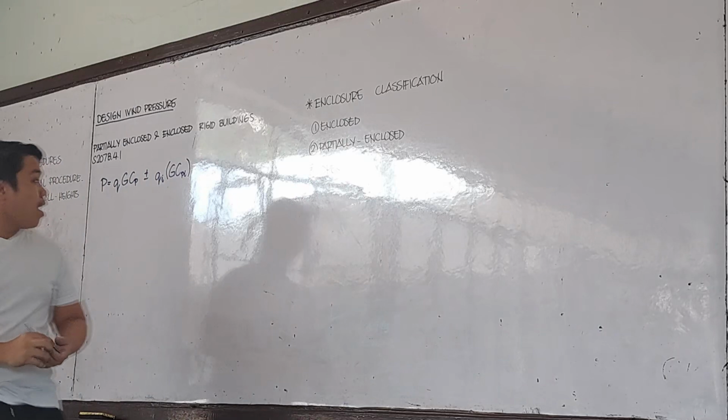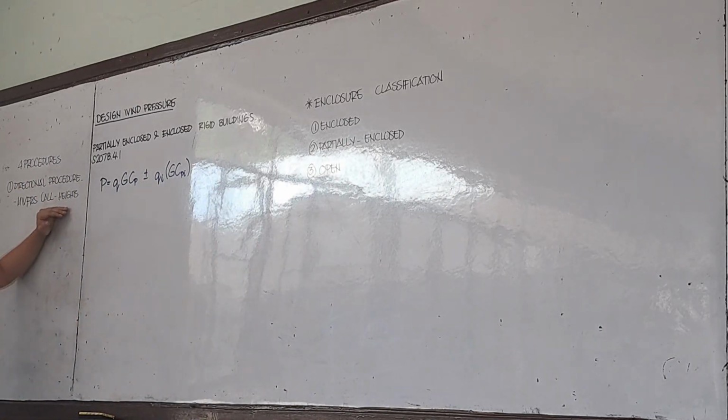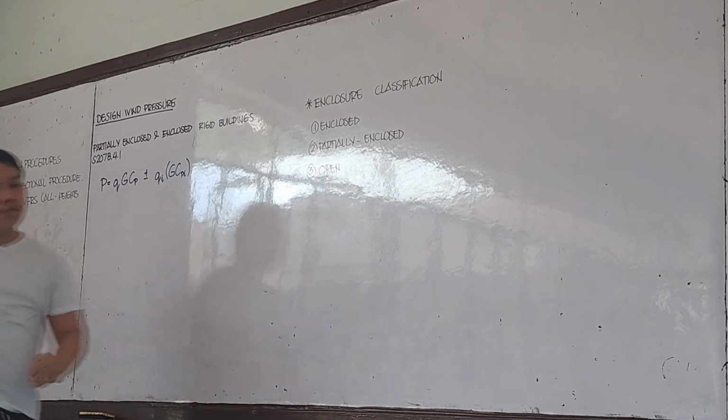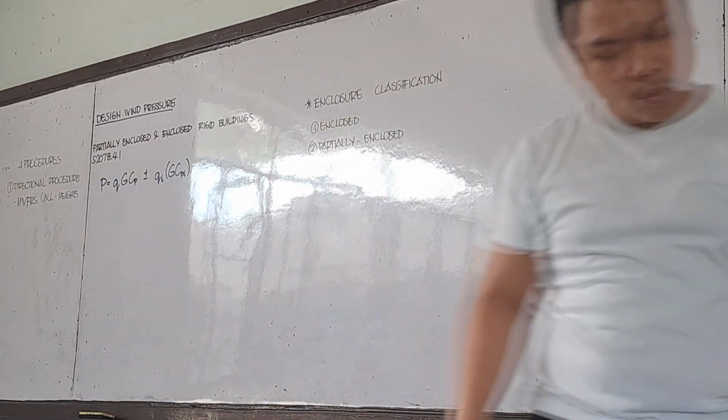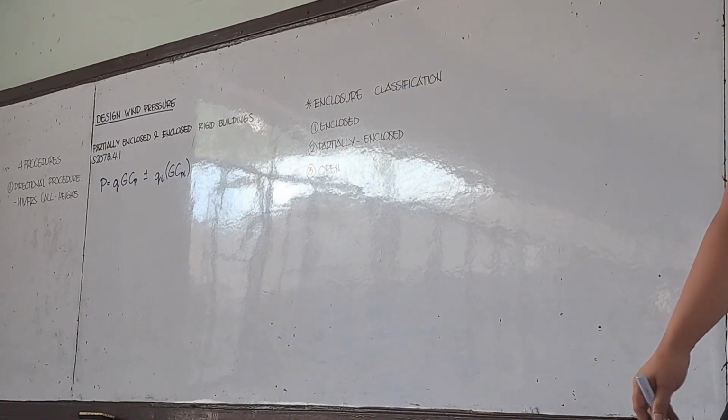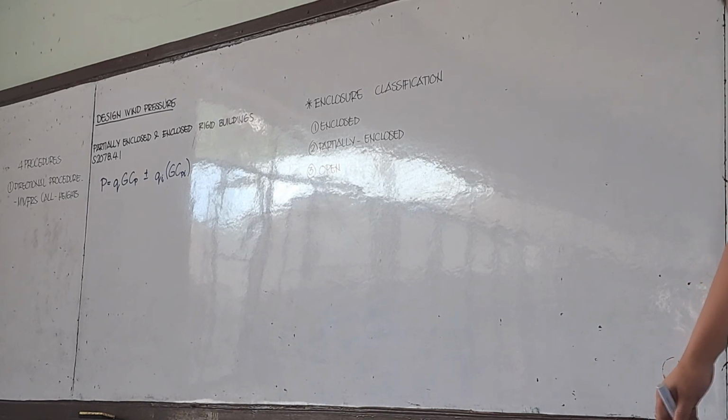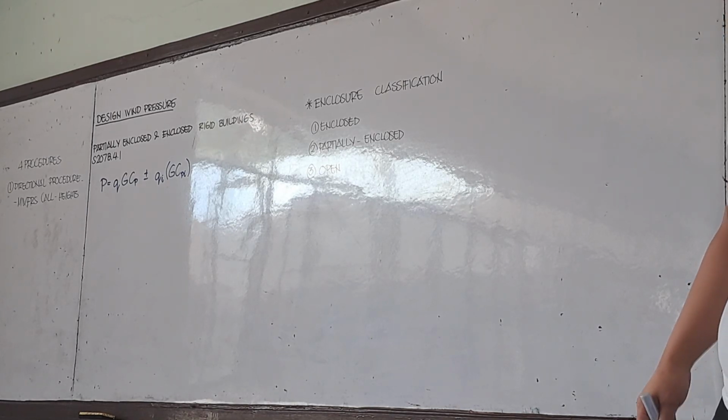Okay, so for our buildings of all heights, there are 3 types of buildings under MWFRS. So 207B.4.1, .2 and .3, that is for buildings.